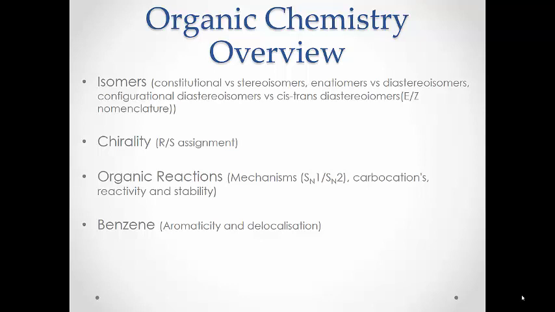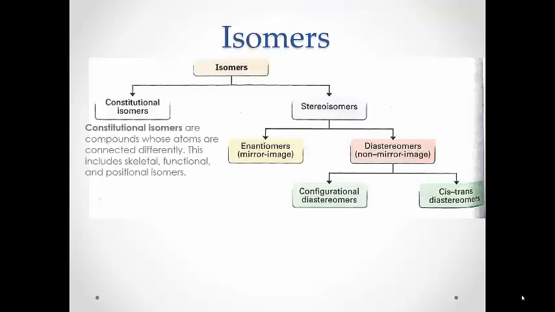We're going to look at carbocations and how their reactivity and stability is influenced by the type of carbocation and the substituents coming off the carbocation. And we're going to look at benzene and the aromaticity and the delocalization of those electrons, and then we're going to look at how the nature of benzenes influences the reactivity of these benzenes.